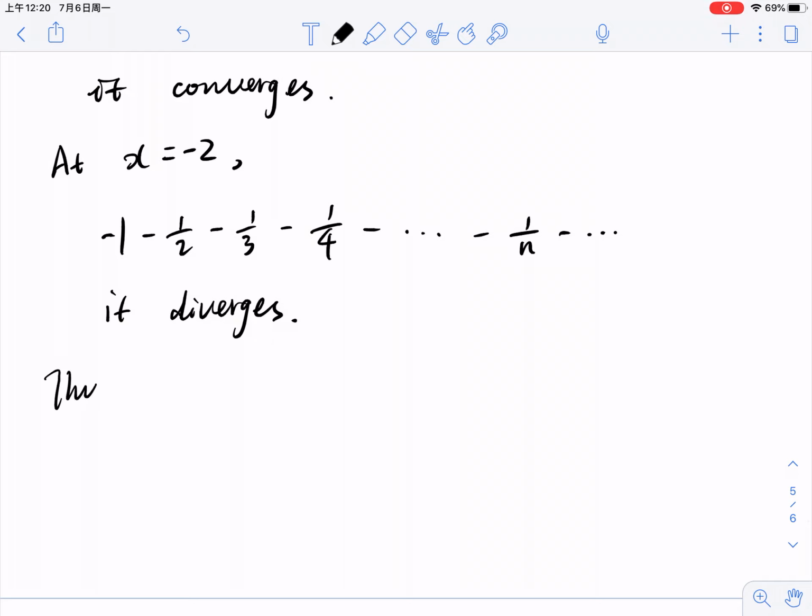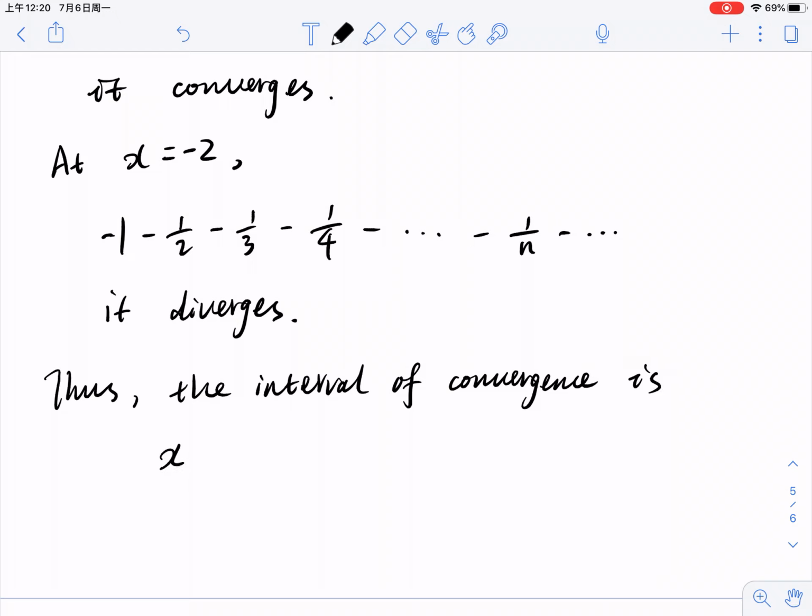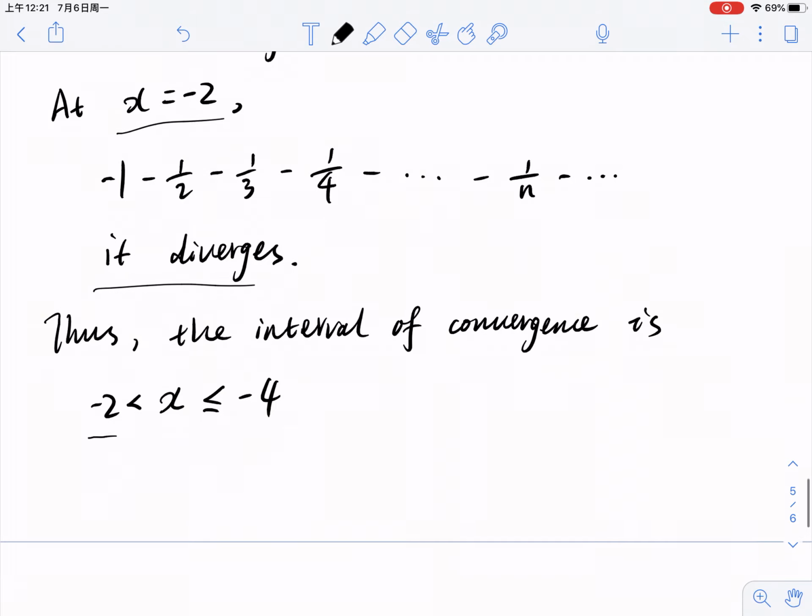Therefore, the interval of convergence is -2 < x ≤ 4. The endpoint 4 is included, but the left endpoint -2 is not included, because at x = -2 it diverges.